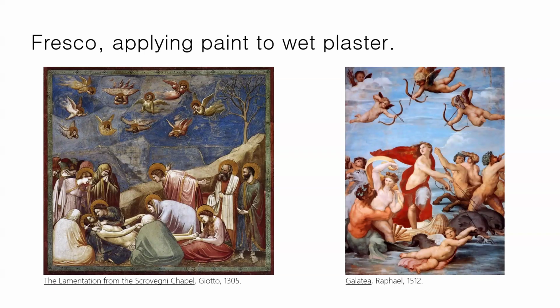Which is why you can clean frescoes relatively vigorously and still have color. But you need to be careful because there are other techniques that involve working with colors on top of the dried plaster. So like I said, the simplest form of fresco is where you only do it once, but there are more complex forms of fresco where you do it multiple times.